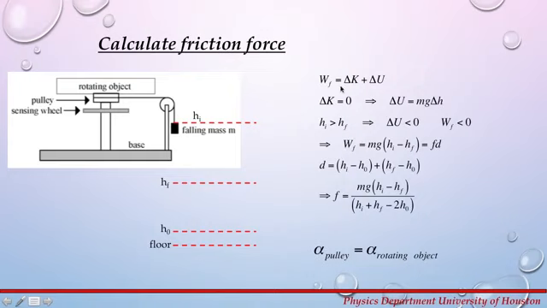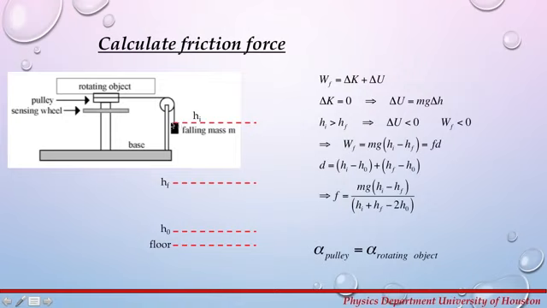Recall that the work done by a non-conservative force is the sum of the change in kinetic energy and the change in potential energy. Since the change in kinetic energy is zero, the change in potential energy is going to be equal to mg delta H, and the work done by the non-conservative force, in your case friction, is going to be equal to this.